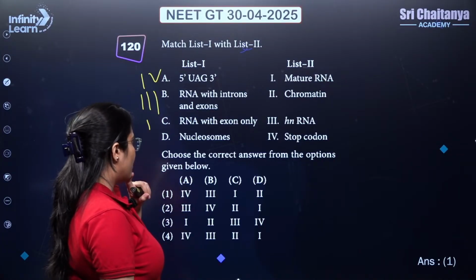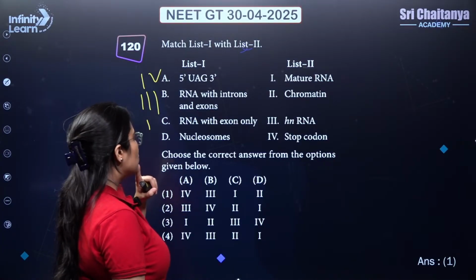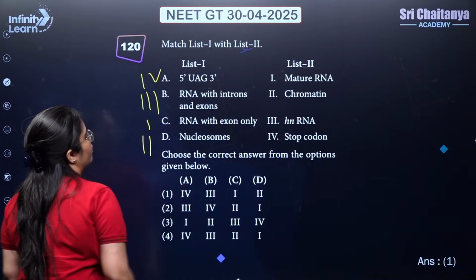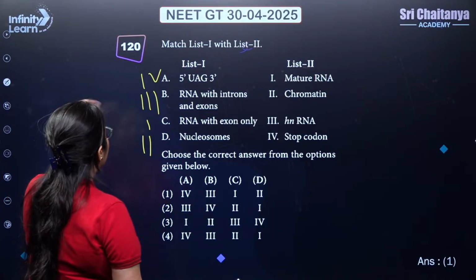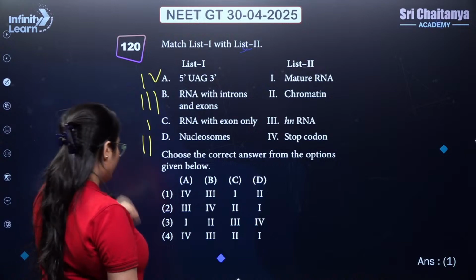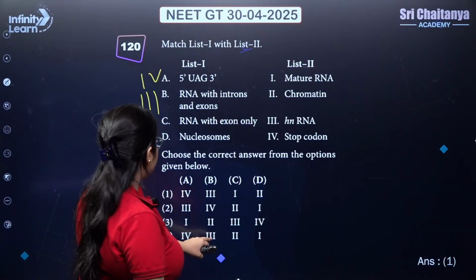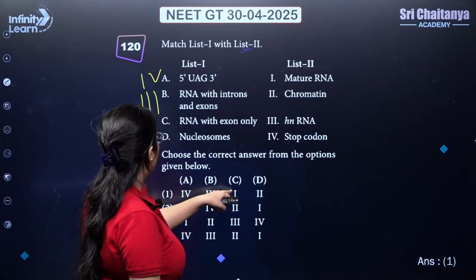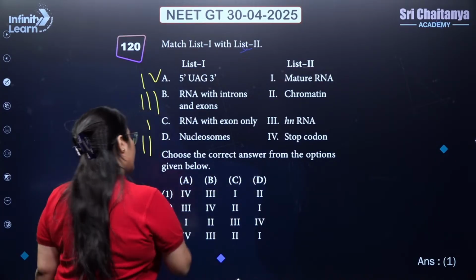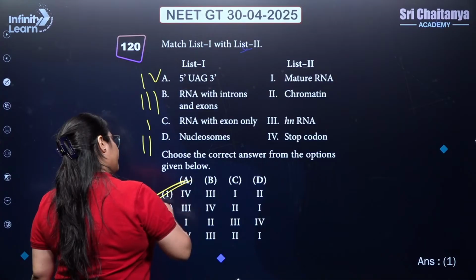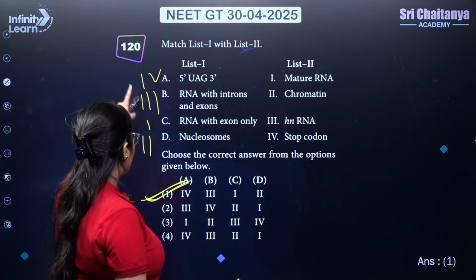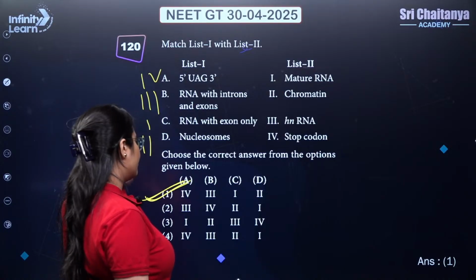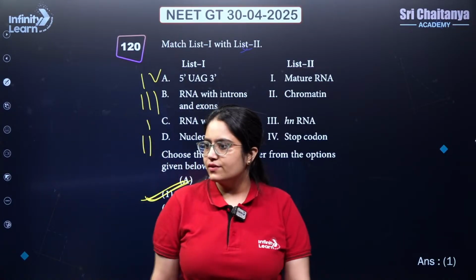Nucleosomes you will see in chromatin, the chromatin form of DNA. So 4, 3, 1, 2. So 1 should be your right answer. Next.